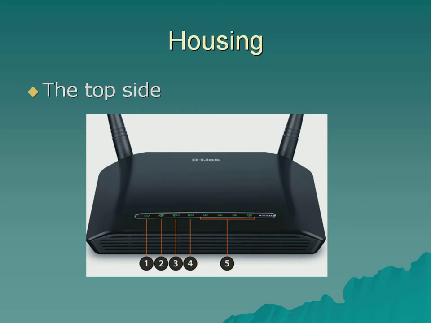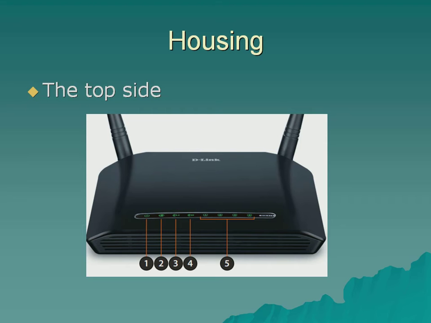If the number two LED is green, that means the router can get on the internet. But if the color is orange, it still cannot connect to the ADSL router. So you can notice this LED type.